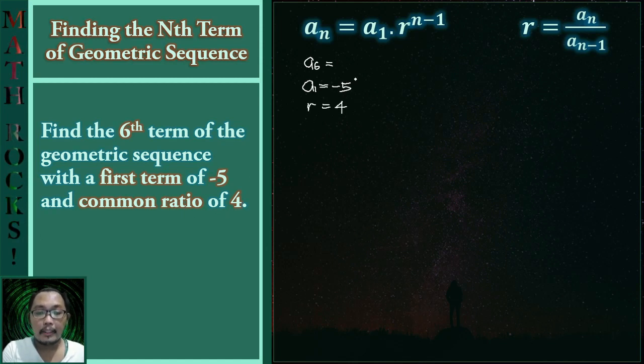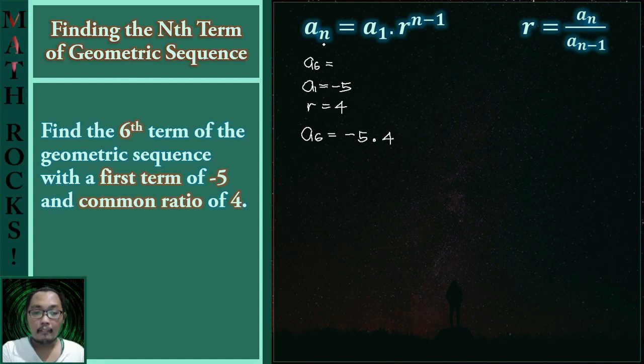Here we only need to apply the substitution property, for which we substitute these given values to their respective variables in the formula. We would like to solve for a sub 6, so a sub n should now be a sub 6. For a sub 1, we have negative 5, and for r, we have positive 4.